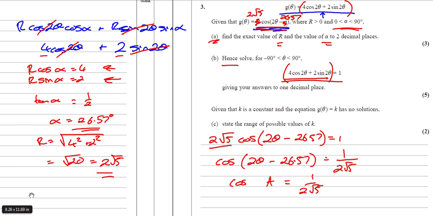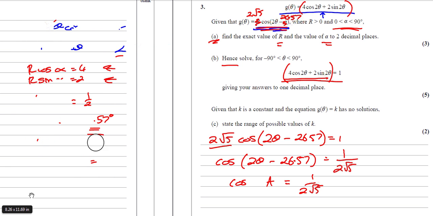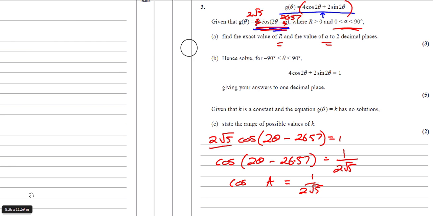But now what we do is we've got to change the limits. Because inside the brackets we've got this thing here, 2 lots of theta minus 26.57. We're going to do 2 lots of 90, take away 26.57, and 2 lots of minus 90, take away 26.57.